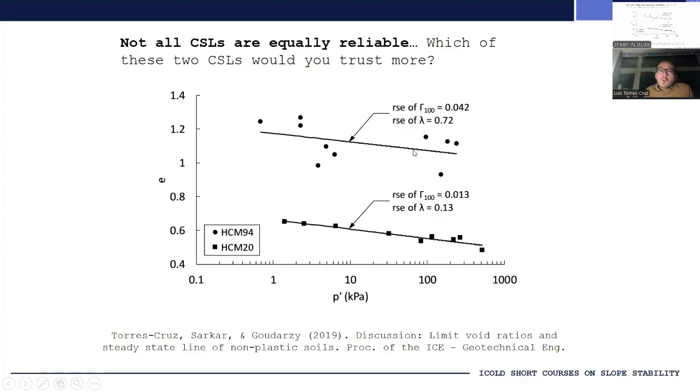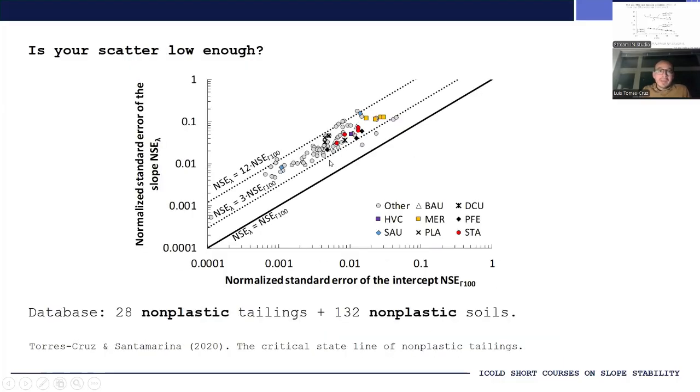But you can quantify that. You can quantify the standard error of the slope and of the y-intercept given the scatter of the underlying points. And that's what we see in this figure. So this is showing us the normalized standard error of the slope versus the normalized standard error of the intercept, which I've been calling gamma 100.